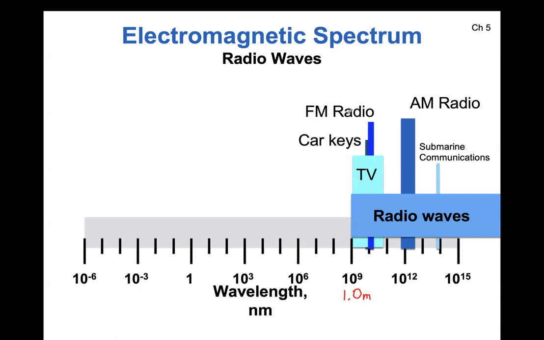So we've got car keys, FM radios, AM radios, and submarine communications, which are some of the longest ones that are used. There are natural phenomena that produce radio waves as well. A number of different types of astronomical events and objects create radio waves.